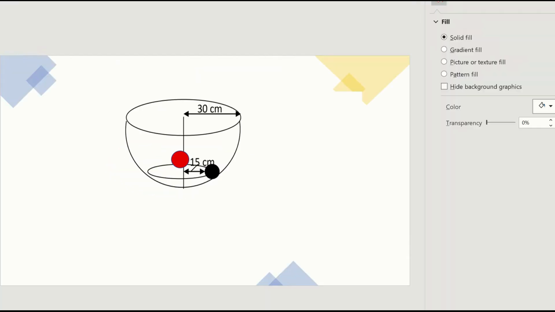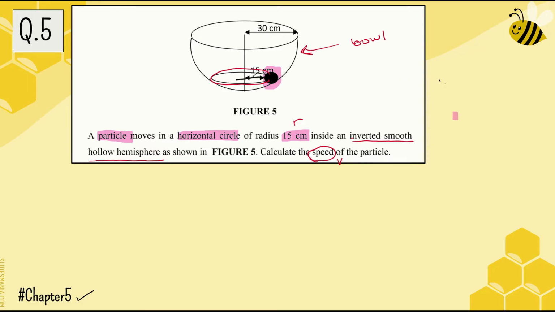Based on this, the radius is here. In a bigger picture, the particle is here, making circular motion, and this is our centripetal force. In this case, we need to find the velocity. The question has a long way to solve.